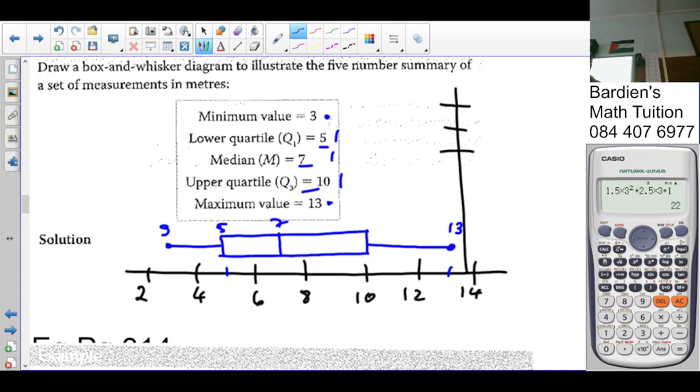There's 2, 4, 6, 8, 10, 12. So 3 got the dot, 5 got the stroke, 7 got the stroke, 10 got the stroke, and 13 got the dot.